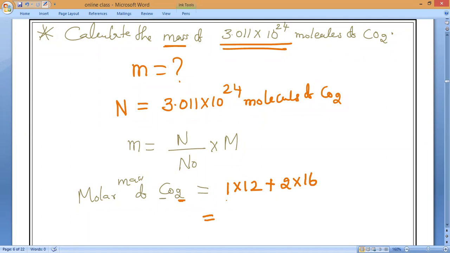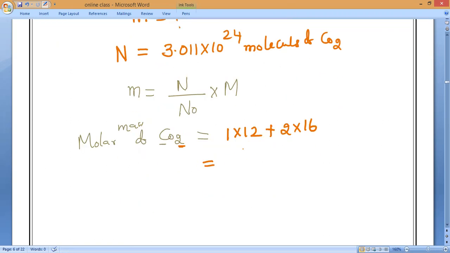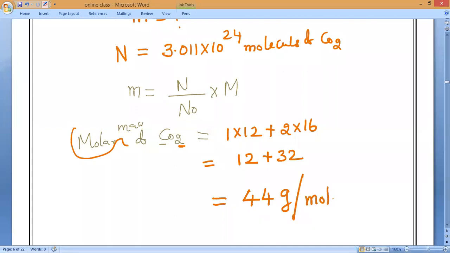So it is 12 plus 32, which is 44. And what is the unit of molar mass? Gram per mole. Be very careful, it is gram per mole.